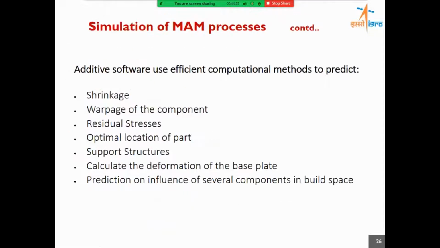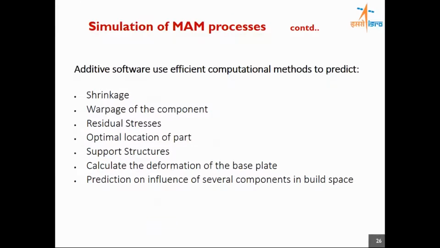And again, these software make use of computational methods which can predict the shrinkage, the warpage in the component, and the residual stresses. Because these are very high speed processes, there will be a lot of locked in thermal stresses which can lead to residual stresses remaining in the part, which can lead to failure of the component in service or during production itself.